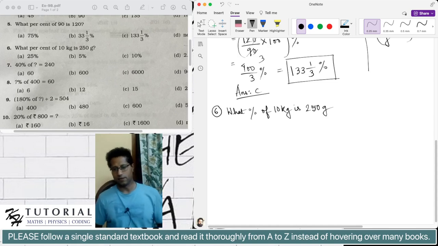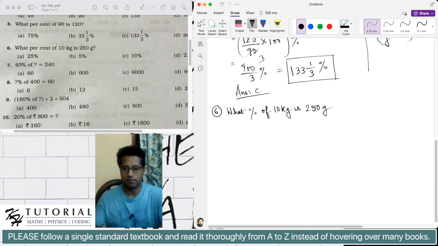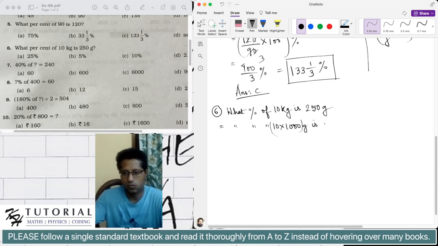Now the quantities 10 kg and 250 gram are of the same type, that is weight or mass, but their units are different. So we need to convert both of them to the same unit. It's better we convert the 10 kilogram to gram. So this is equal to what percentage of 10 multiplied by 1000 gram is 250 gram.